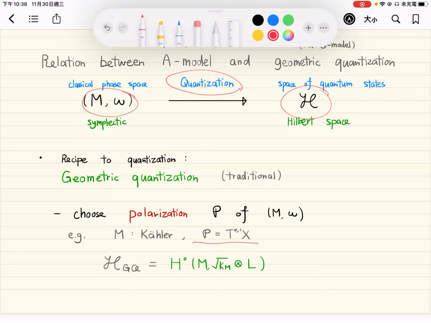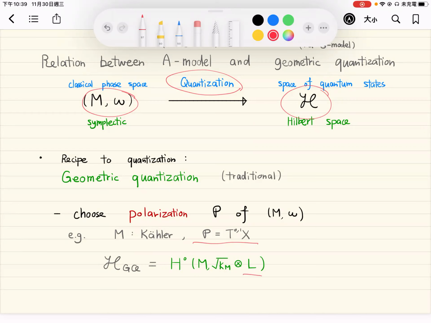For example, if M is Kähler, then you can take P to be the P^{0,1} of X, the anti-holomorphic tangent bundle of X. Then you can define the quantum Hilbert space by taking the polarized sections, which means sections flat along the direction governed by the polarization P. Because now we take P to be the anti-holomorphic tangent bundle, you get the Hilbert space to be the space of holomorphic sections of L, the pre-quantum line bundle.